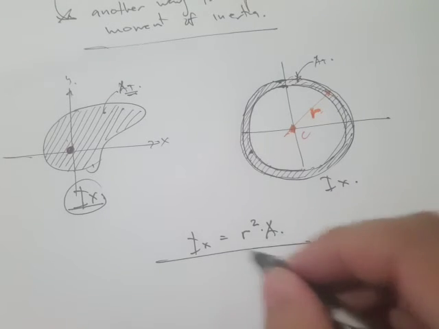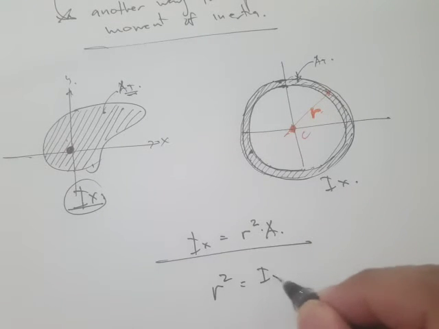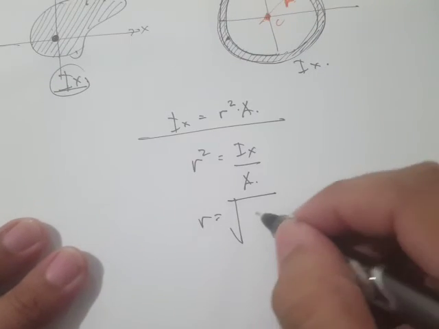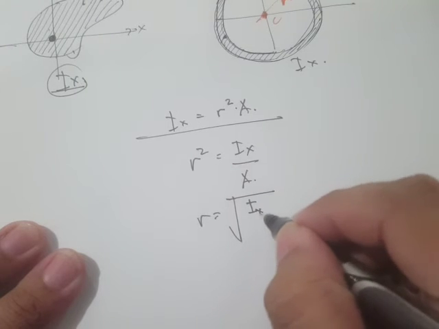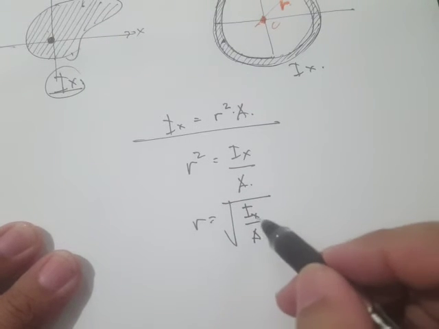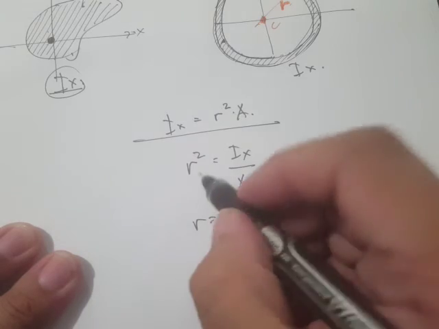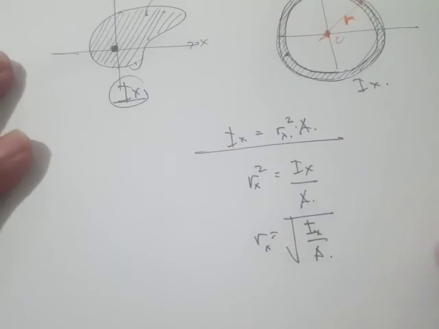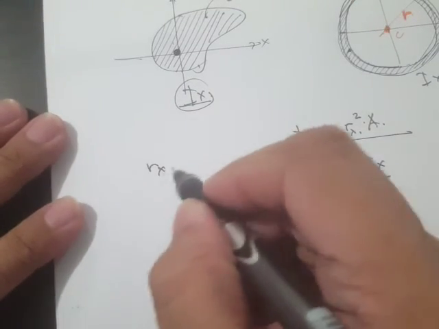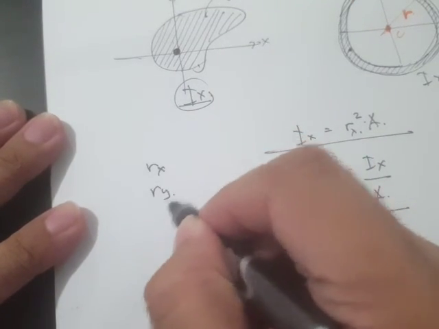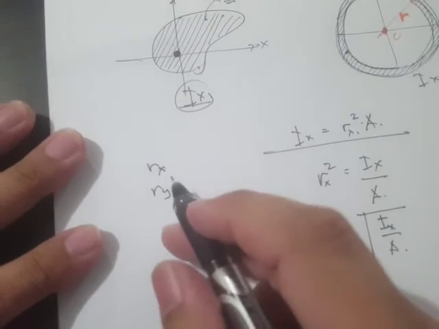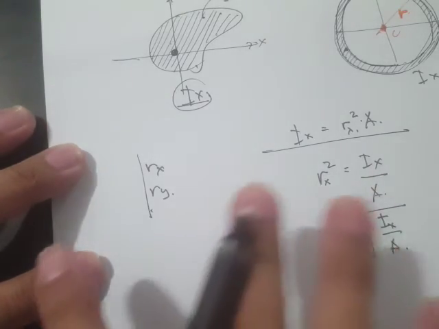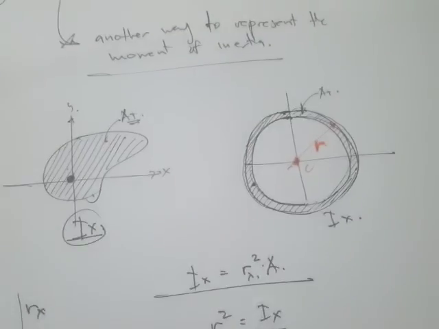If I take r squared, what I get is Ix over A, or r is simply the square root of Ix over A. If we are referring to the moment of inertia along x, then this must be along x as well. So the radius of gyration can also exist as rx, ry, or rz, or the polar one. That's another way of representing it.